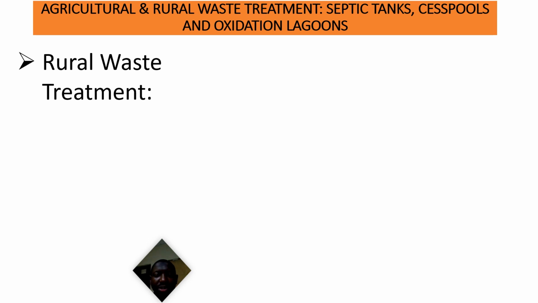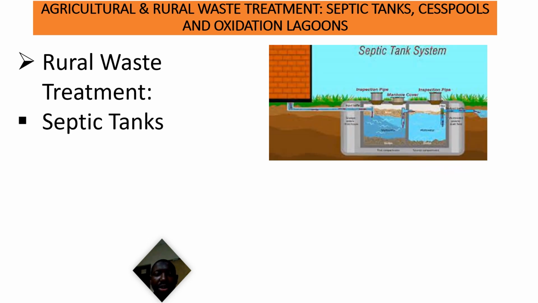So the other treatment processes we may need to talk about include the agricultural and rural waste treatment, which involves the use of septic tanks, cesspools, and oxidation lagoons.